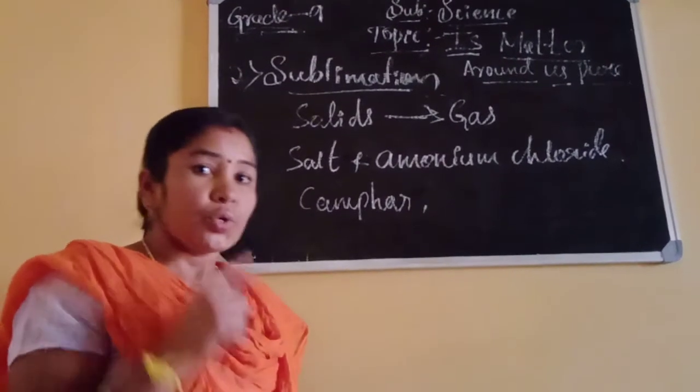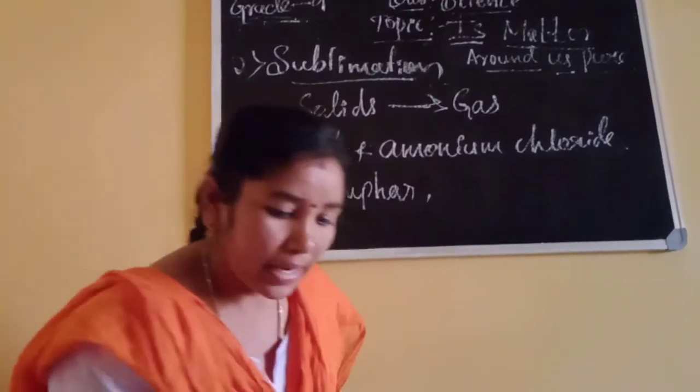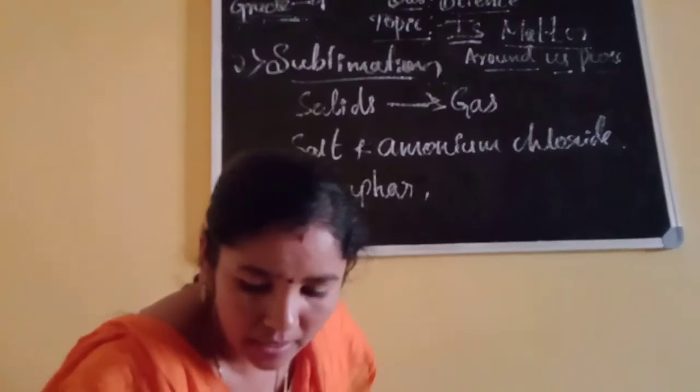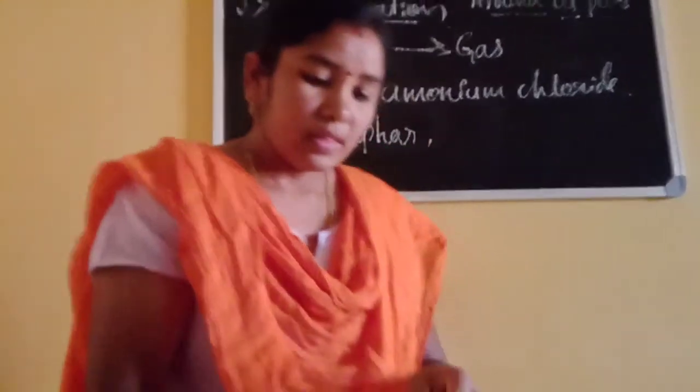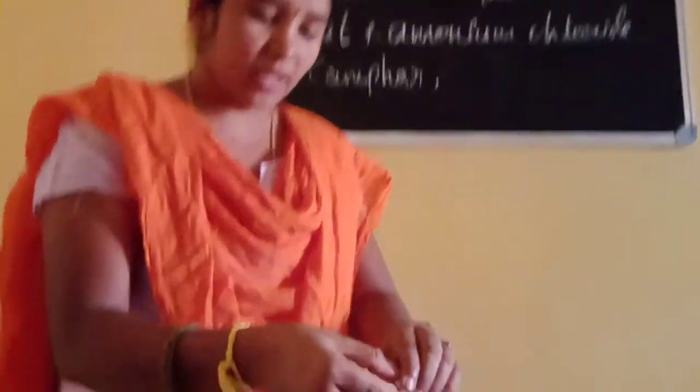Dear students, now I am going to show you one simple experiment, a sublimation activity. Observe. See, this is camphor. Pieces of camphor are one example for sublimation products. Heat this camphor.